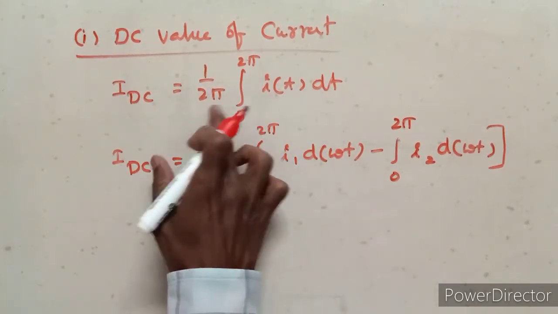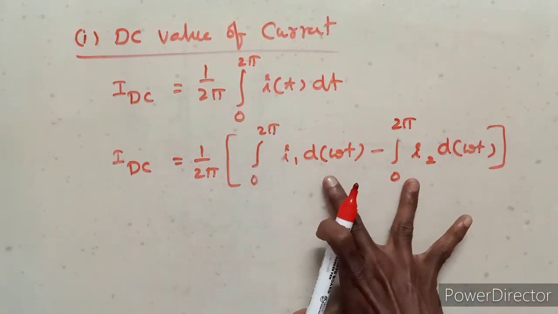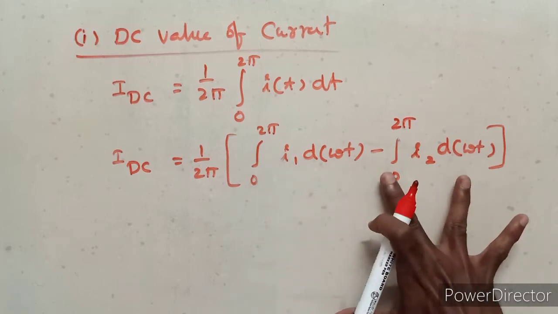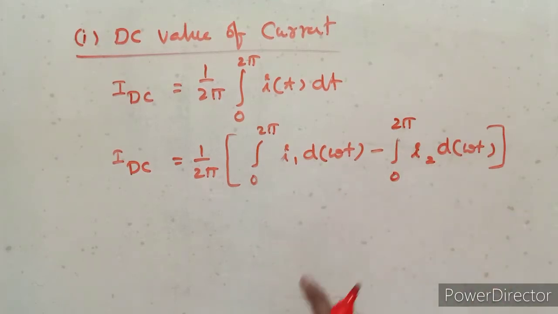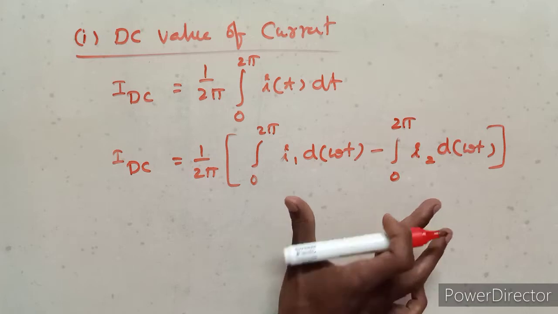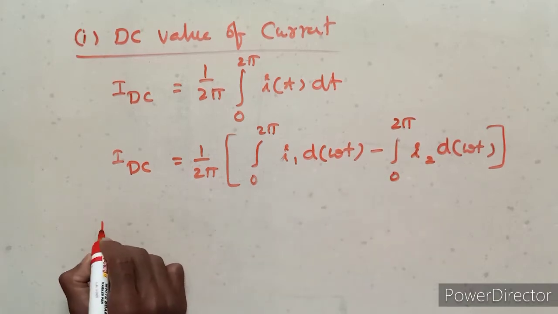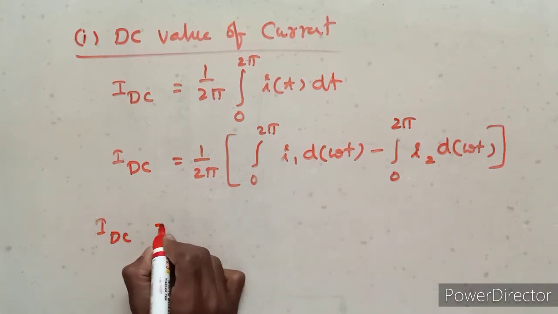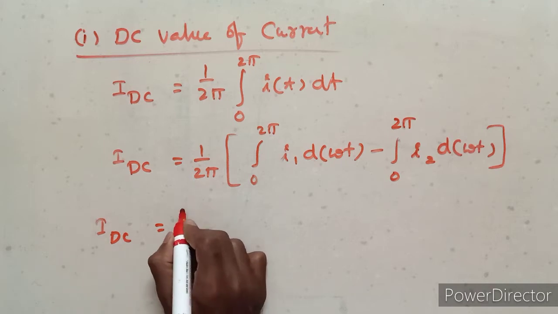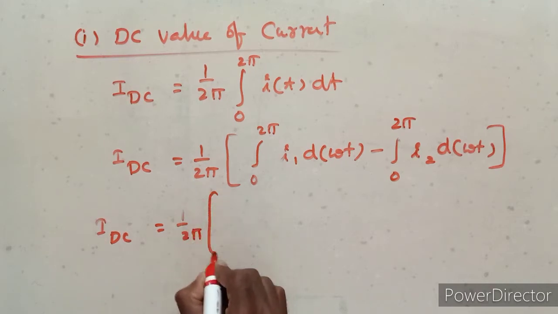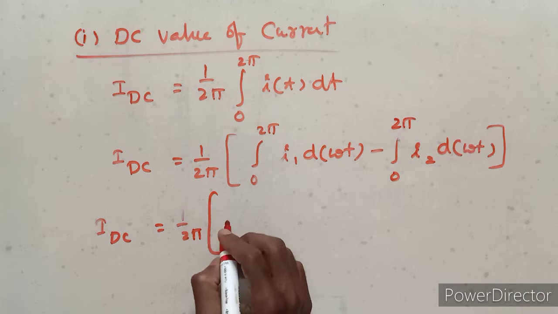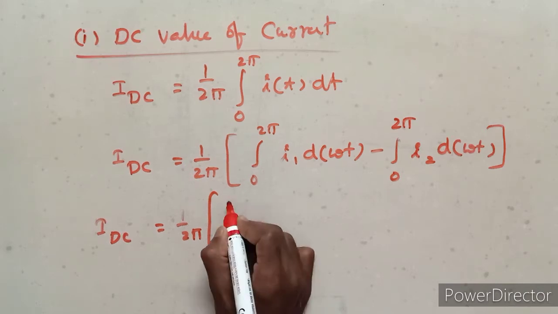This formula can be written in terms of two currents: one is the forward current, another is the reversed current, so it is the minus. So the DC current equals 1 upon 2 pi integration 0 to pi.